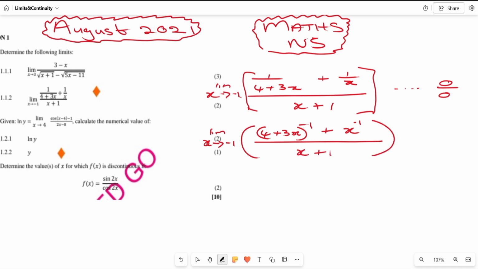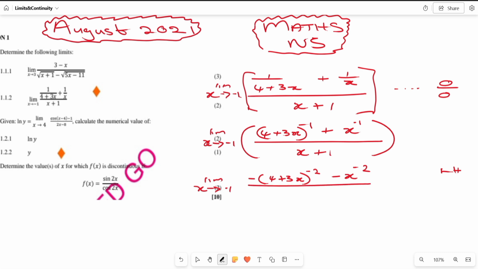Now is the time for us to use L'Hopital's rule. I'll just write LH. Now we're going to have lim x approaches minus 1, we're going to have minus 1, 4 plus 3x to the minus 2, minus x to the minus 2, like that.